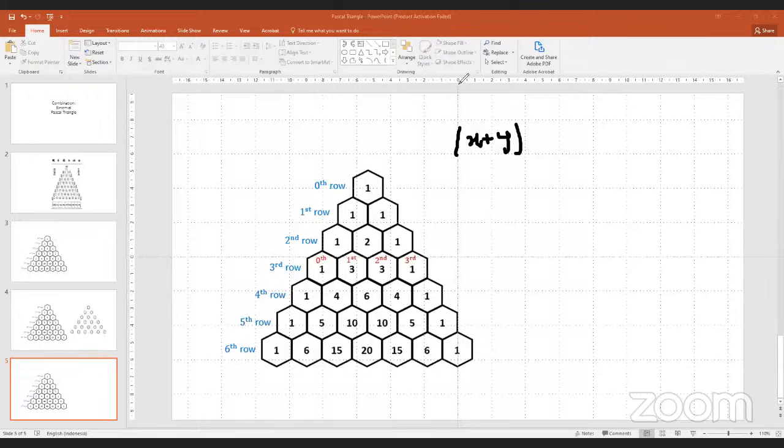So it's actually, here is 1 and here is also 1. What if we have, for example, x plus 2y to the power 3? Yeah, so we're talking about this row.